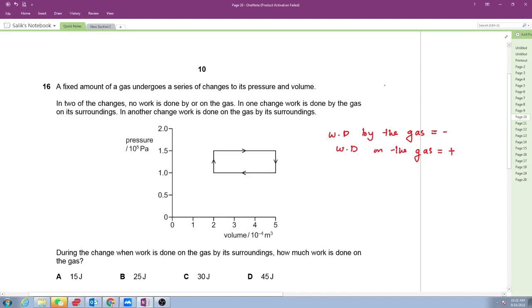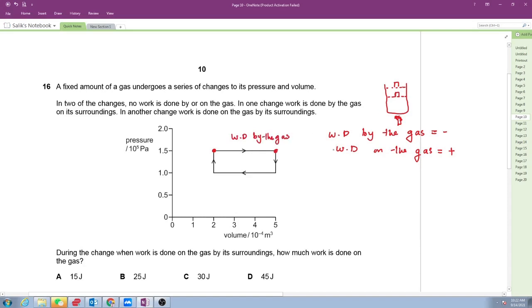Work done by the gas: suppose you have a cylinder, this is your piston here, and you are giving heat to it. Due to that heat the piston goes to this position and the volume increases. So this is work done by the gas, due to the expansion.